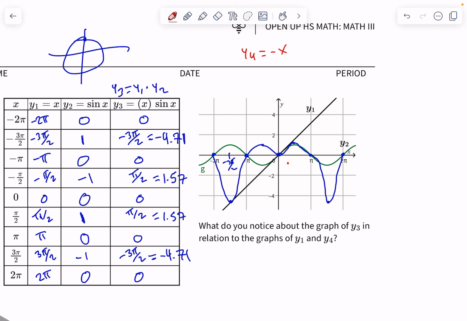So let's just try my best. So 2's here. I need to put more points. At 0, I'm at 0. At 1, I'm going to be at 1 here.